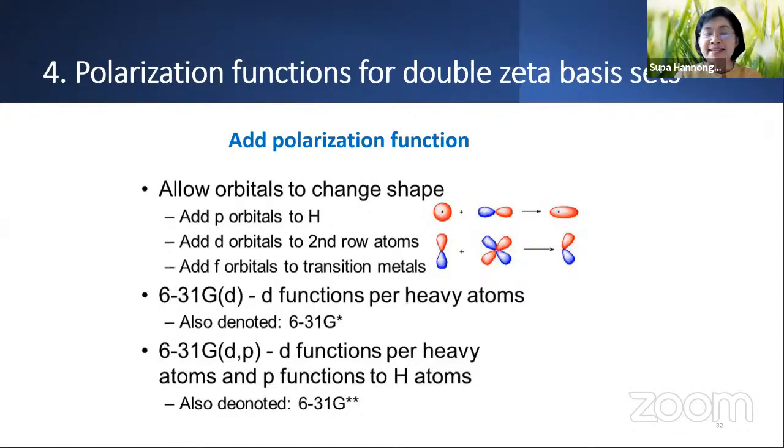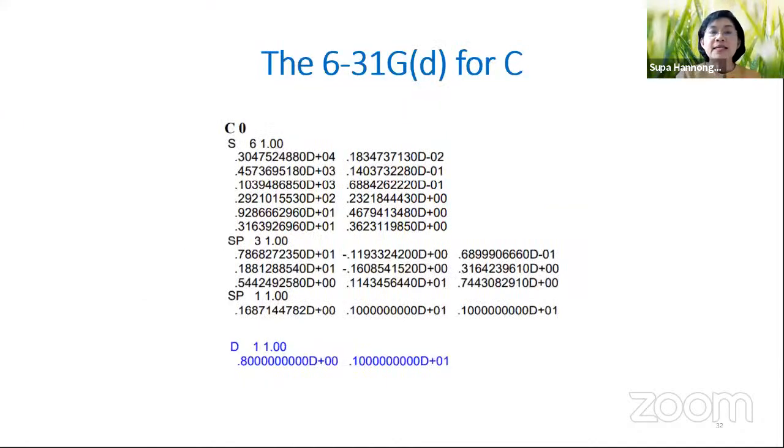I would like to say again, if you have high performance computer time, you can use 6-31G star and double star. And here is the example of the carbon atom with 6-31G(d).